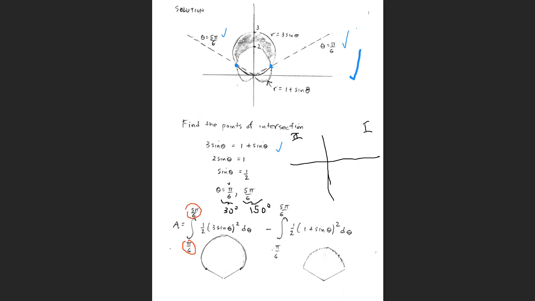But we're going to have to get that shaded area. That shaded area would be equivalent to taking this area, which is the area enclosed by the circle from the limits of 30 degrees to 150 degrees, and subtracting the area of the cardioid that has starting angles 30 degrees and 150 degrees.